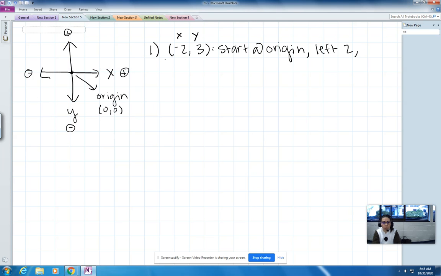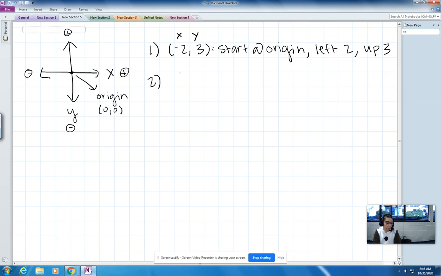Now we need to jump in the y direction. We're going to either jump up or down. It's a positive 3, so we need to decide, does that mean we jump up 3 or do we jump down 3? Well, the positive y's are up, so we're going to go up 3. And wherever your pen ends up then is where you put your dot, where you plot your point. So we would start at the origin, we would move left 2 spots, up 3 spots, and that's where our dot would go.